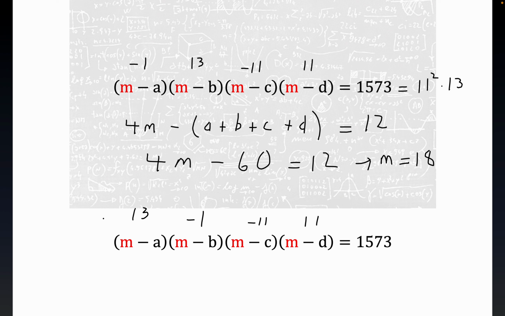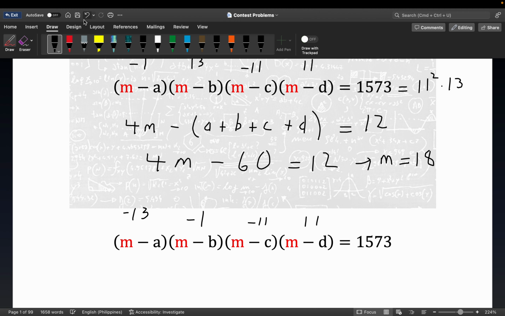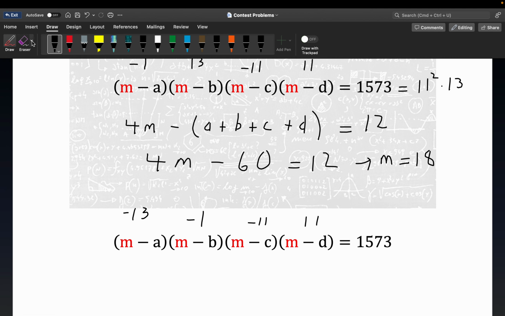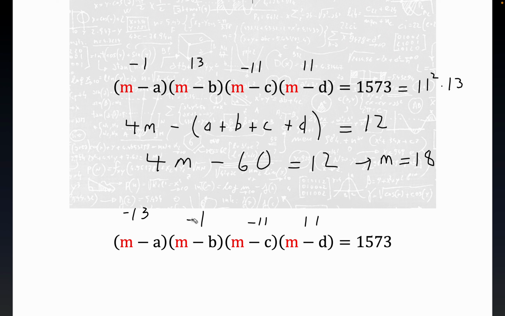No. So maybe what I should say here is make this one minus 13, right? Okay, to make it different. All right. So let me erase right here. Okay. So we'll do it like this, right?